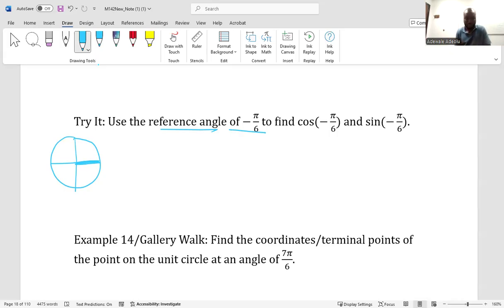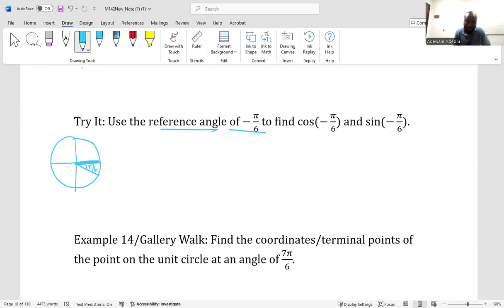So we have something like that, pi over 6. Now, the question is, what is the reference angle?